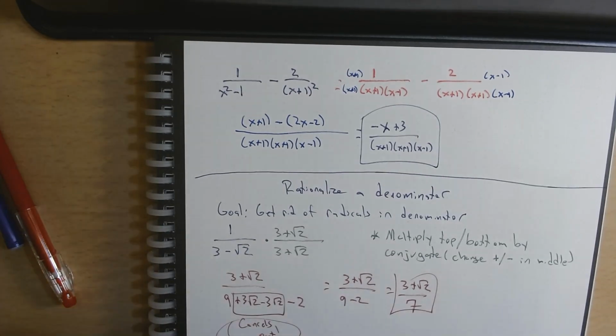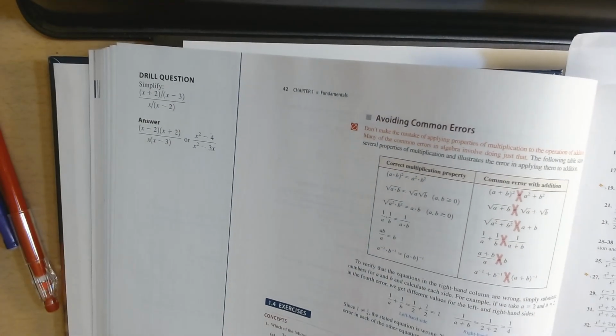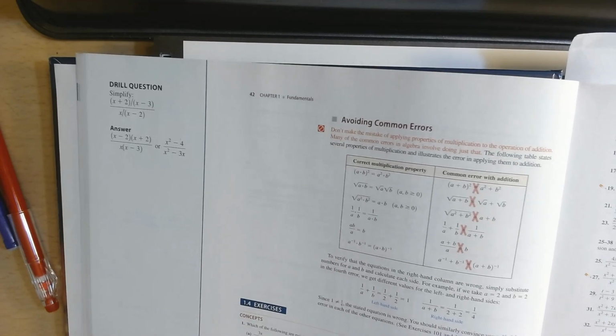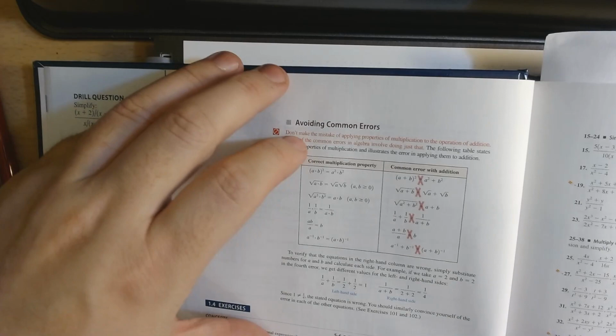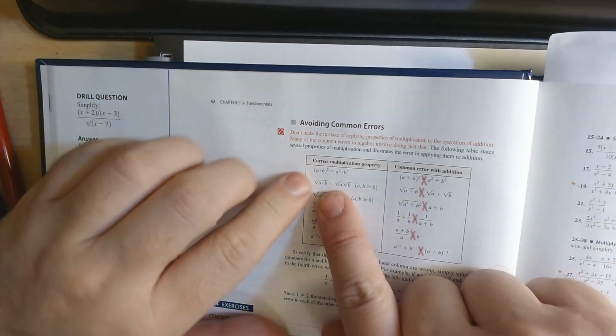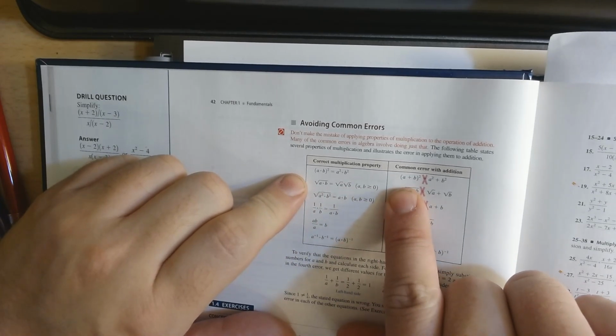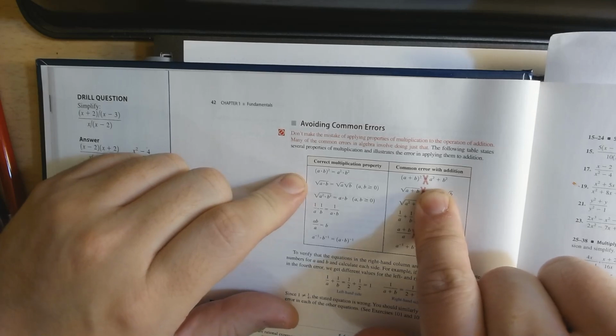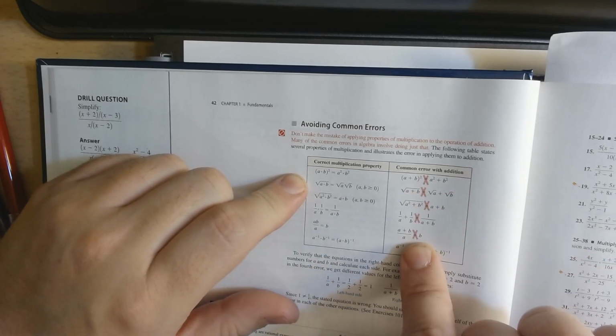One other thing I do want to note is that they have some pretty good tips for some mistakes to avoid in the book. The common error, if you look, is you have a plus b squared, and some people will just say it's a squared plus b squared. You've got to write it twice and multiply it out.